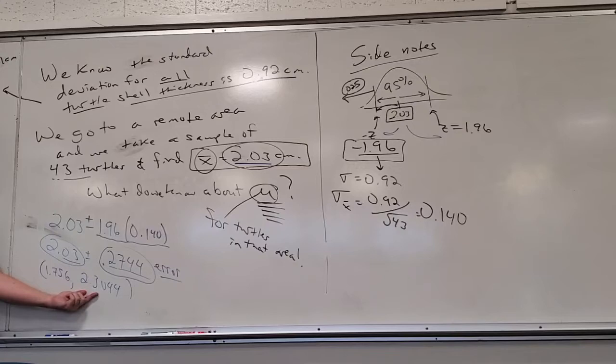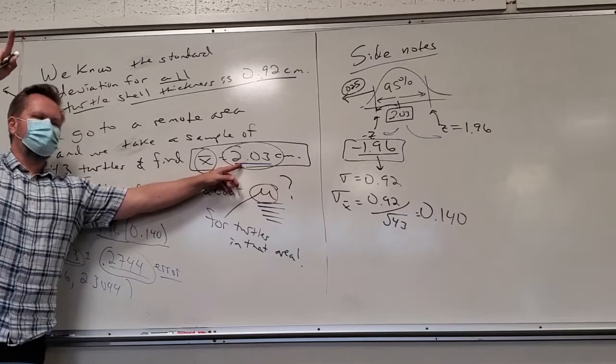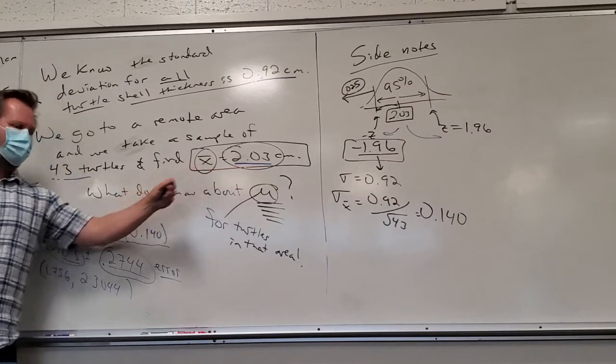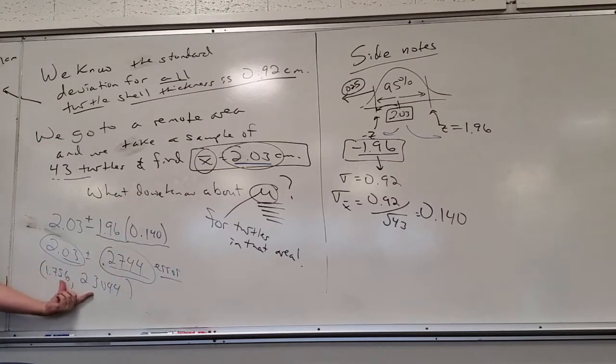For thickness. So what this is doing is it's taking the fact that this is just a sample mean. It's building in some error, so that this is a better estimate for what the real mean is. Instead of just giving one number, I give a range. If the average for all turtles was this thick, our poor little turtles look like they're almost definitely not that thick.